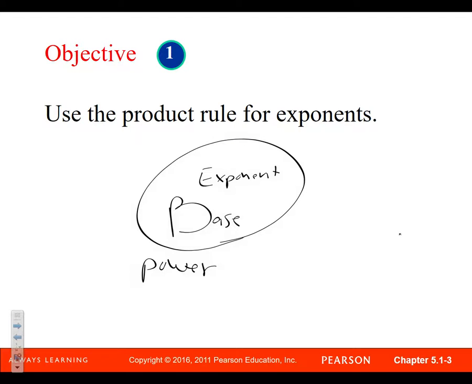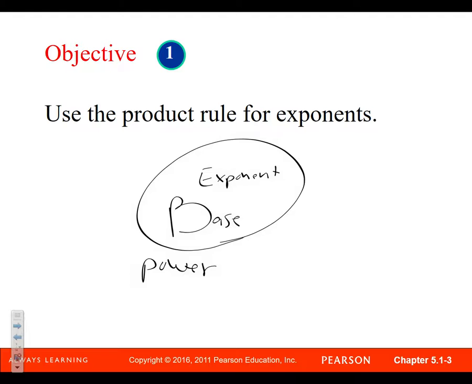I know that before we've said 3 to the power of, well, I guess that's okay. But just understand, there are 3 different vocabulary words that you need to know here: what the base is, what the exponent is, and what power means all together. So together, those 2 things is power.